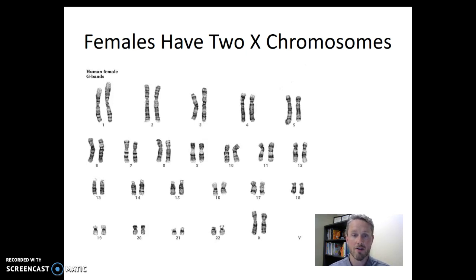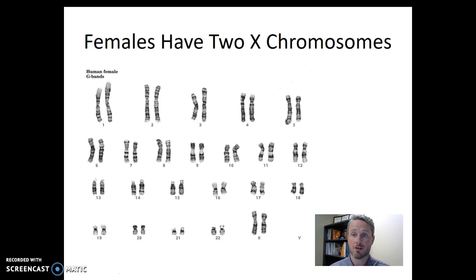Here we can see a photograph of all their chromosomes. Here are the two copies of chromosome number 1, and over here are the two copies of chromosome number 2. They're ordered all the way down to chromosome 22. And then there are two X chromosomes and no Y chromosome. So again, females have two X chromosomes, and we can actually see that visually through this karyotype process.